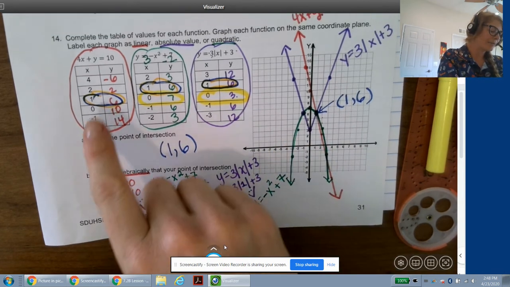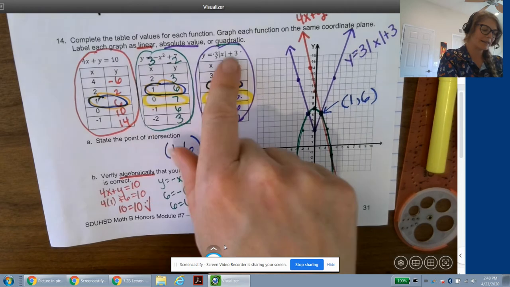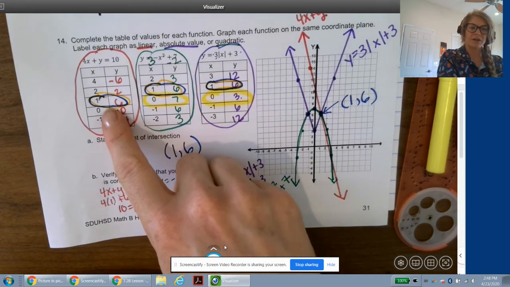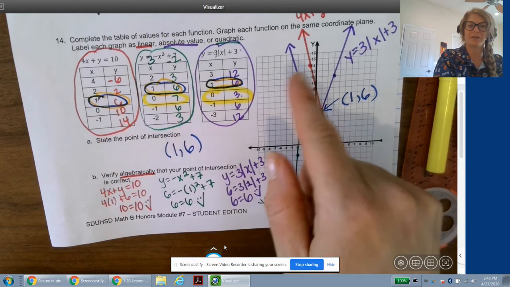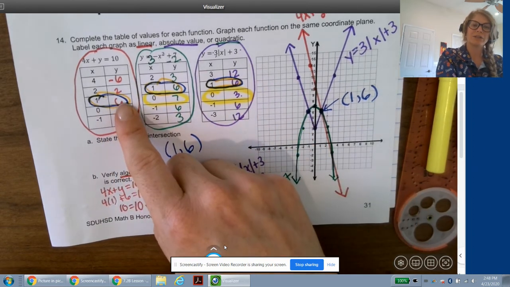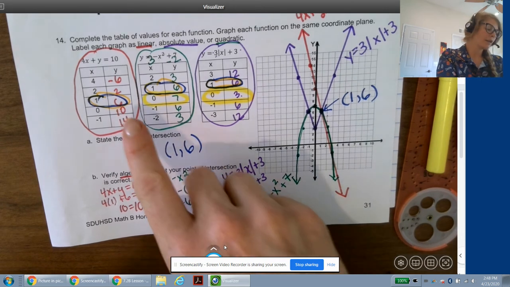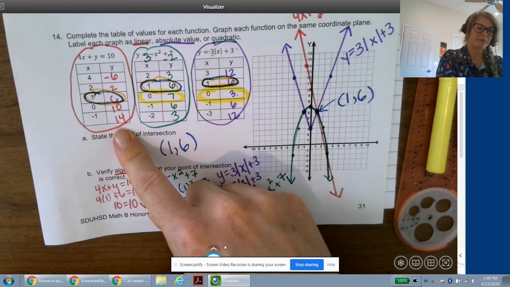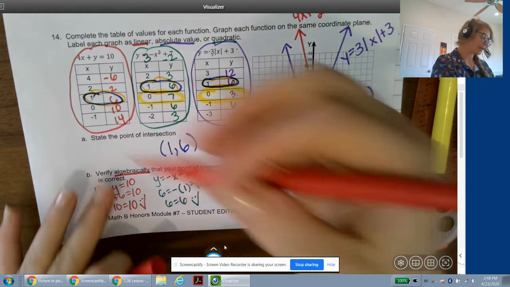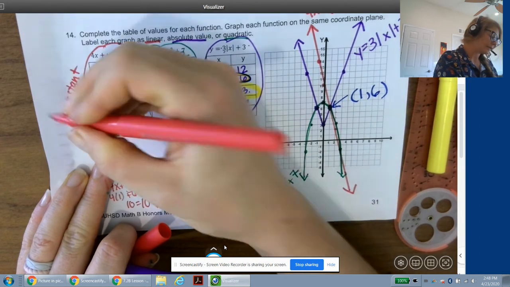You're also able to know which one's linear, absolute value, and quadratic by looking at the equations. We could figure that out by looking at the table of values or by the graphs. So if I was just given the table of values, I would try to see about their first and second difference. So obviously, if we look at our linear equation, we're going to have a constant first difference.